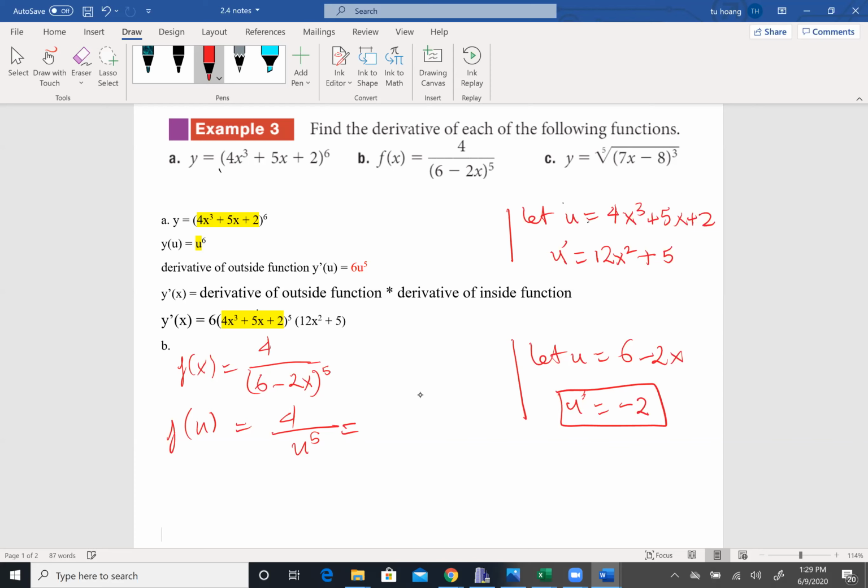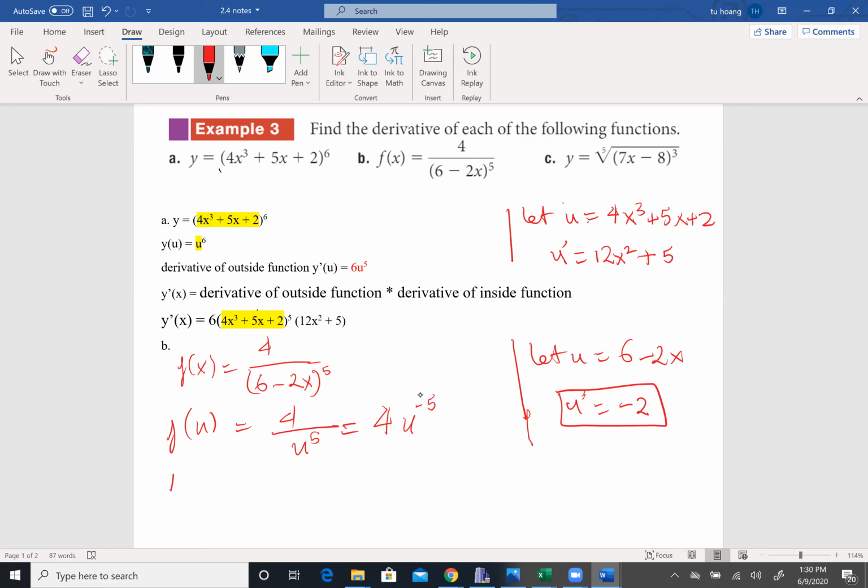And I can even rewrite it as a power rule, because here you see a constant on the top and on the bottom only a variable u. So I would like to change it to the power rule, which is 4 times u to the power -5, right?